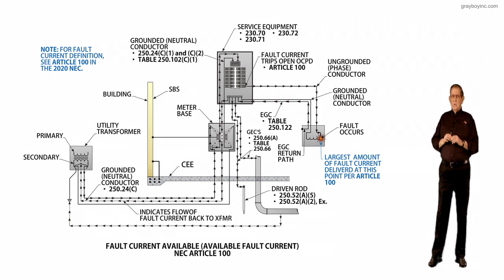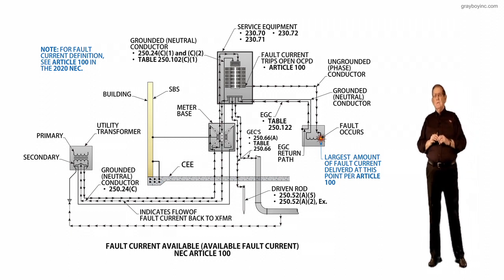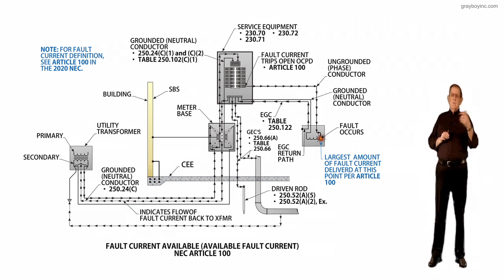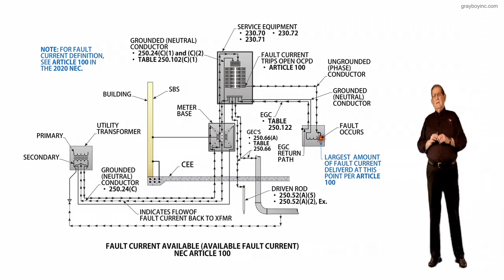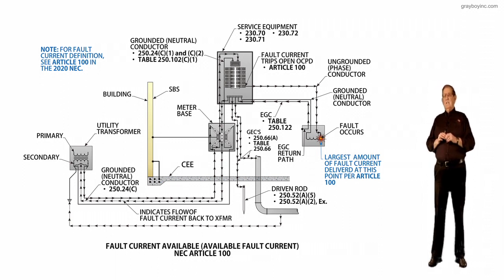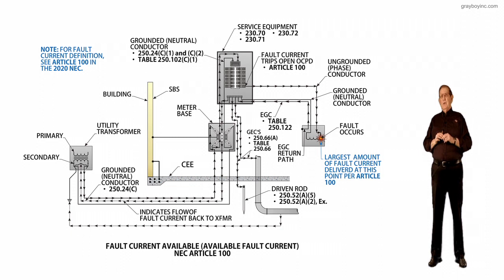Fault current used to be defined in 250.2, and it was moved over in the 2017 edition to Article 100. Now, before we get into this, you have to have a low impedance path to get fault current back to the transformer, or short circuit current, whatever it may be.